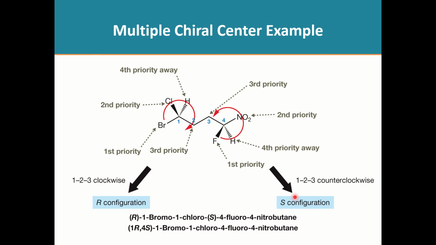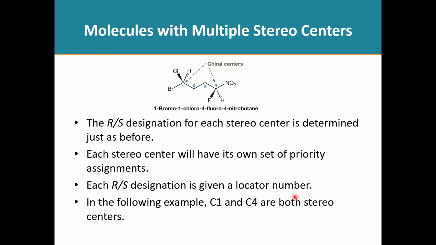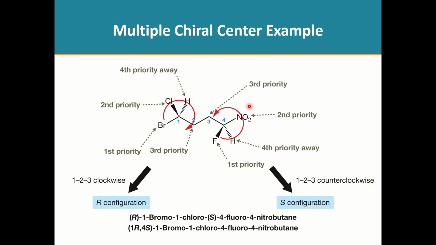So there's 2 ways you can name this molecule. You can see going back, there's the original name. So how can you incorporate the R and S into this name? Well, there's 2 ways. The top one is where you put the configuration next to the substituents.